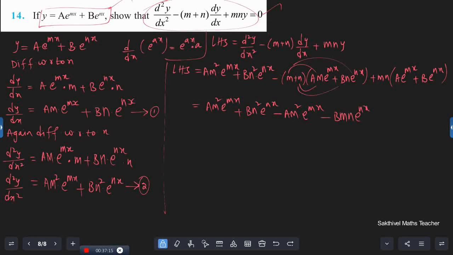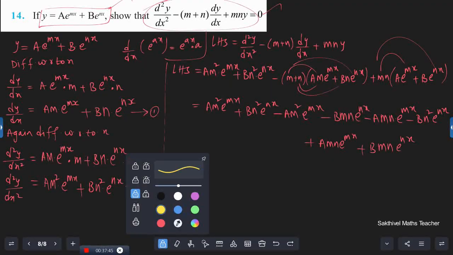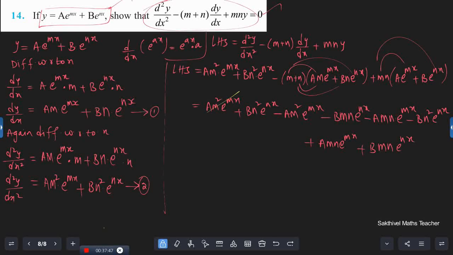Next take minus n: minus amn e power mx, minus b n square e power nx. Now multiply the mn inside: amn e power mx plus bmn e power nx. Children, whatever is common you can cancel carefully. First a m square e power mx plus minus, I cancelled.